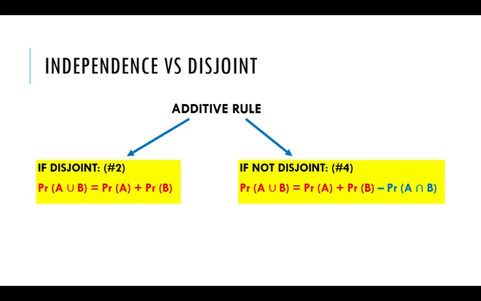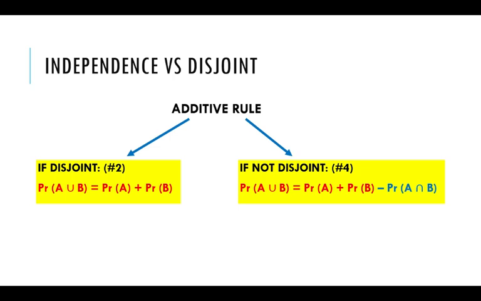That was the overlap that we had to remove. On the left for equation 2, there was no overlap, so we didn't have to remove anything. But in equation 4, where our Venn diagrams overlapped, right, probability of A overlapped probability of B, we had to remove the double counting. But gang, these are the same equation basically.